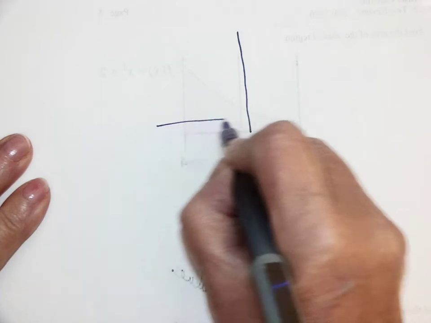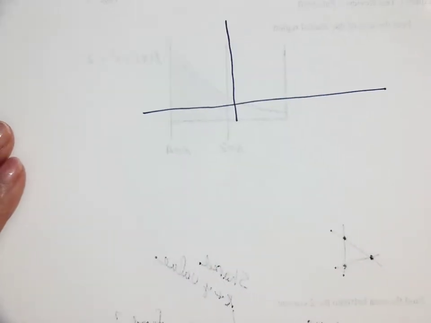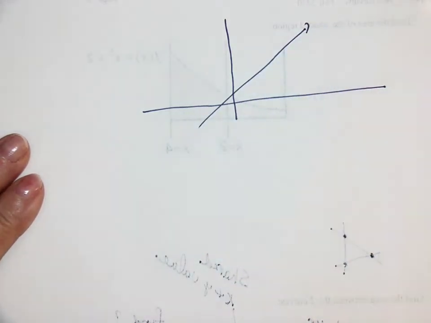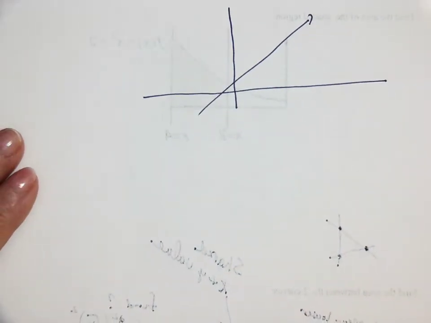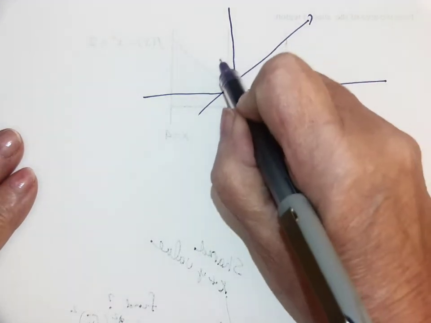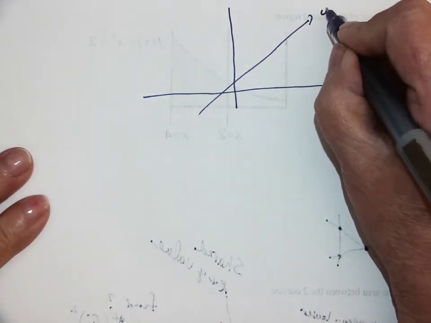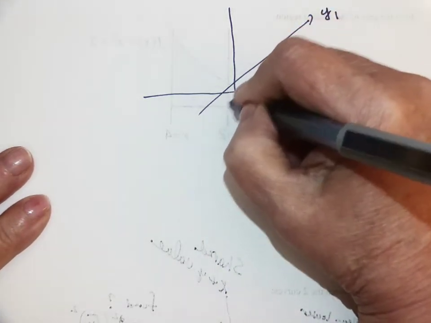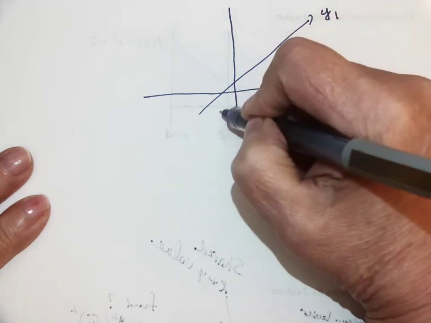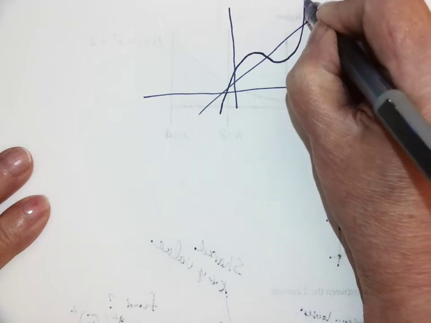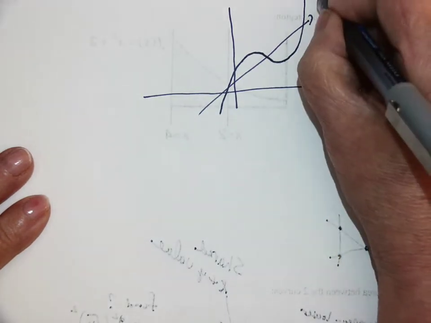Suppose what I have is a line, any line. And I have a function, and I'm going to call this graph y1. And then I'm going to look at a function and I'm going to call that y2.